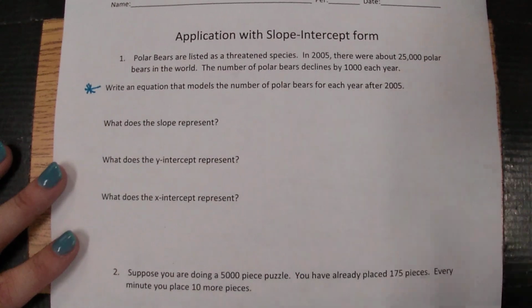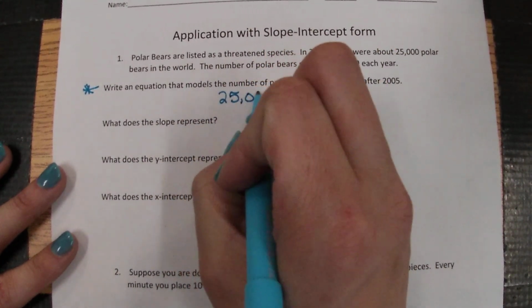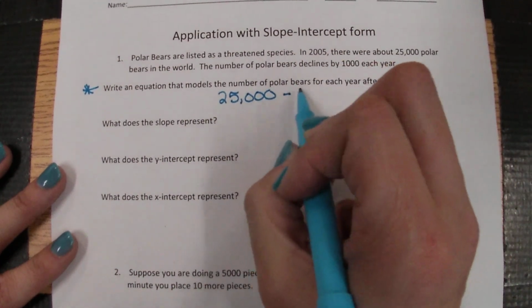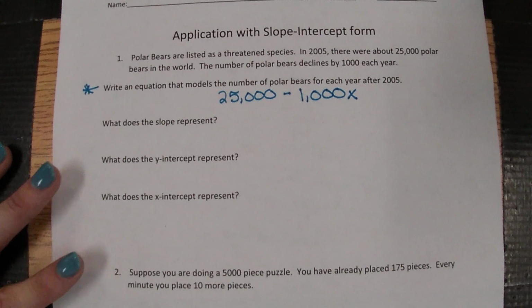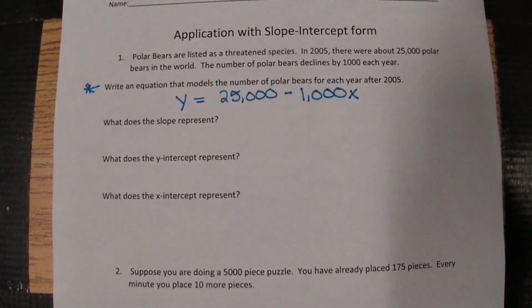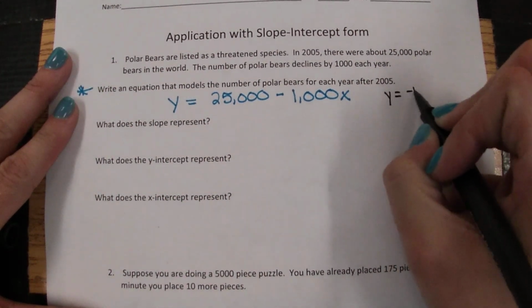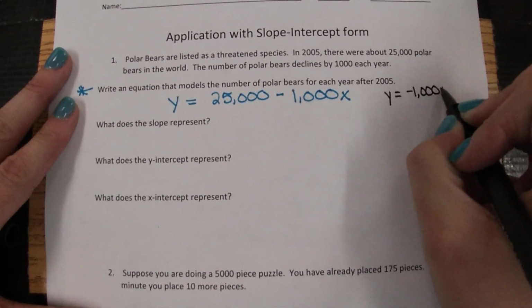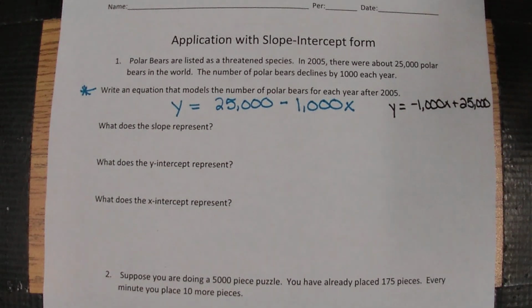So we have 25,000 polar bears to start with, and it's declining by 1,000 polar bears each year. Now, some of you may be thinking about this and then rewriting it and saying y equals negative 1,000 x plus 25,000.